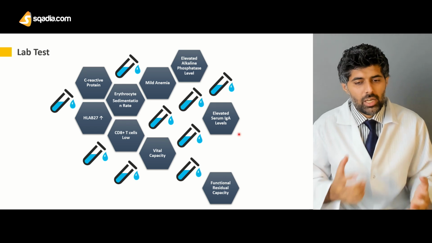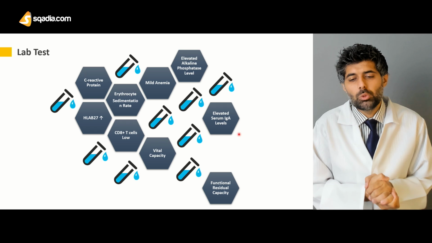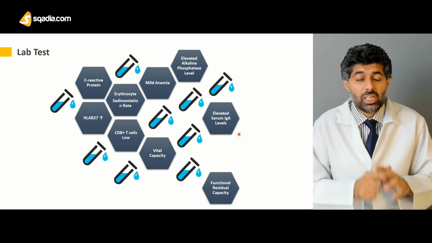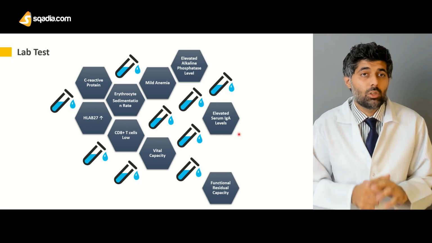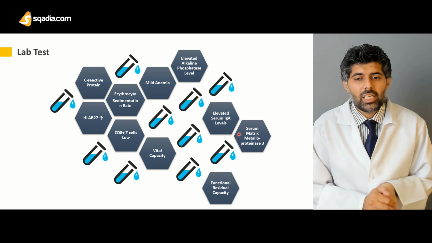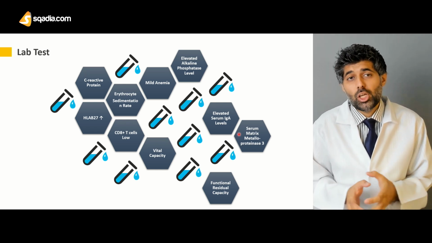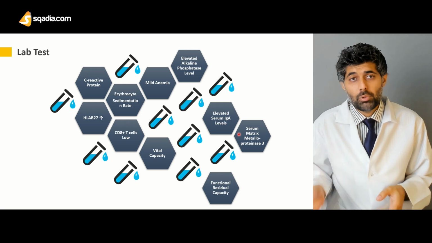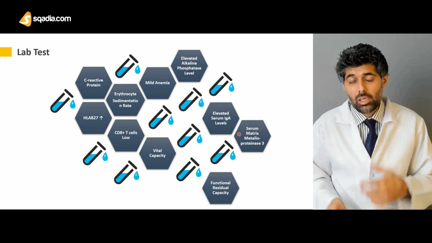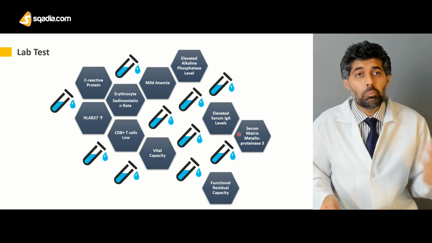Next, there is no change in the functional residual capacity, even though the vital capacity of the patient is severely compromised or decreased. Next, there is increased expression and circulation of MMP3, or matrix metalloproteinase 3. Now this enzyme is increased in blood.